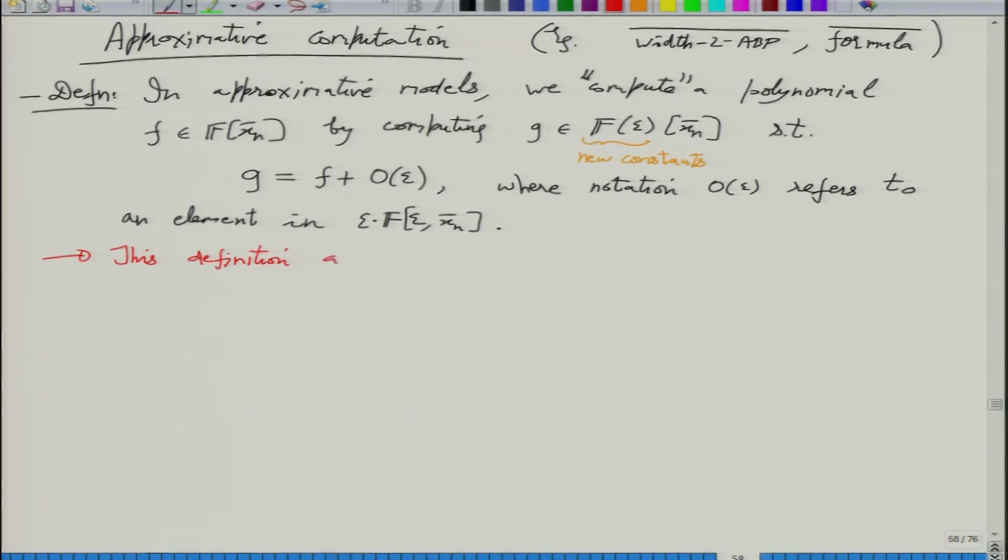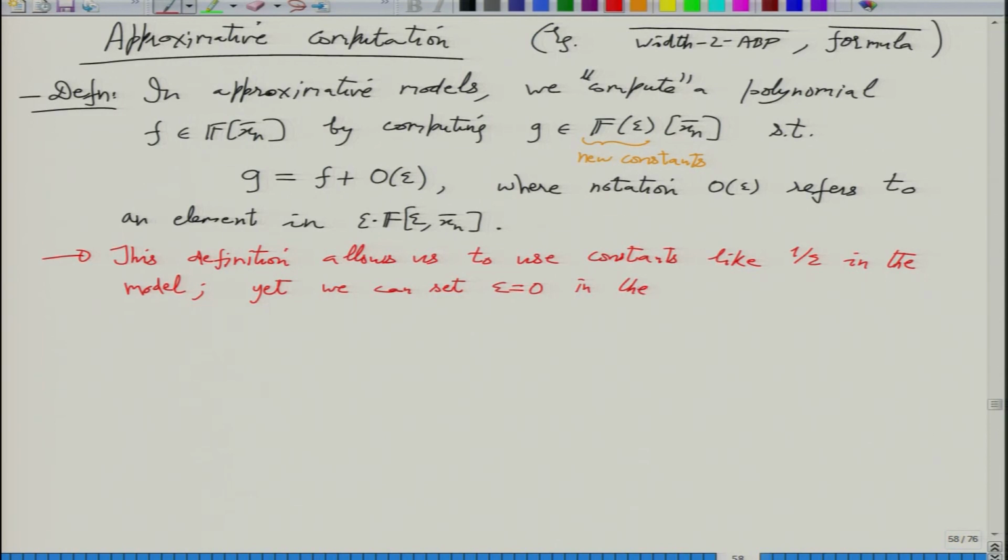So this definition allows us to use constants like 1 over epsilon in the model. Yet we can set epsilon equal to 0 in the end, right?